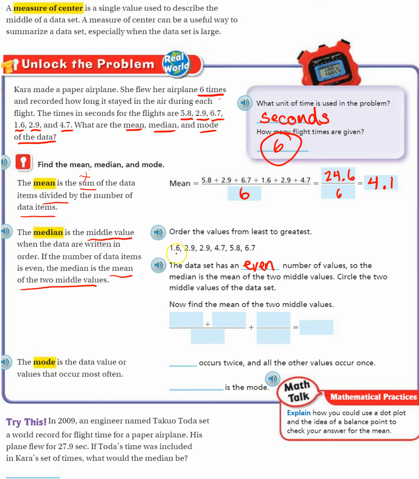So if we're looking at this, we're kind of coming from both sides. So these two, then you move in again, these two, and then when you move in again, there's no number directly in the middle. We have 2 numbers that are in the middle. So we have to add those 2 numbers up and then divide by 2.